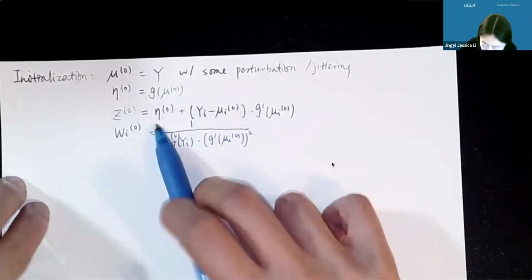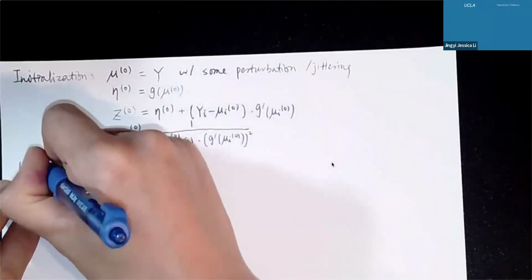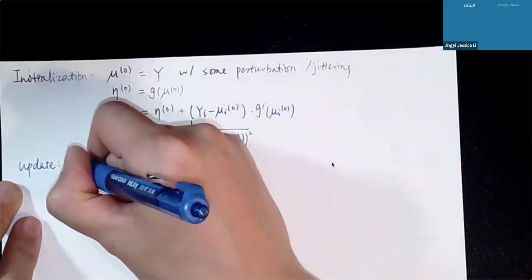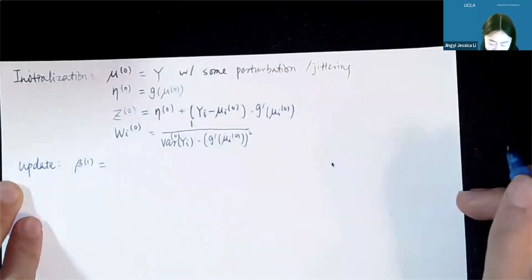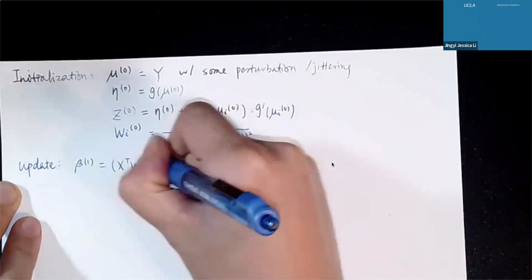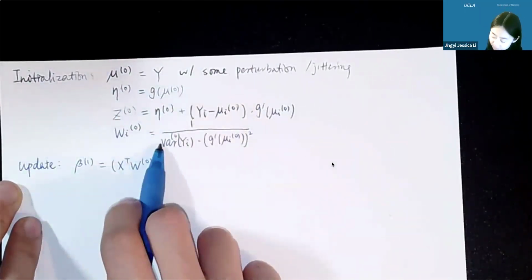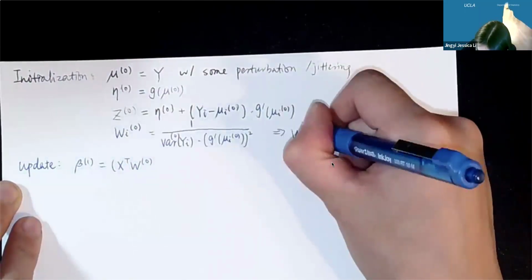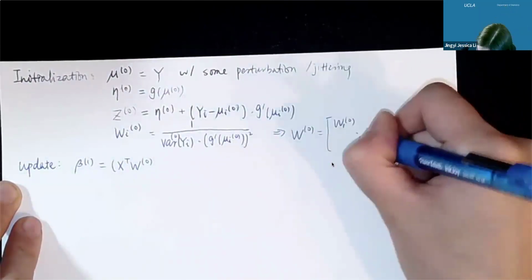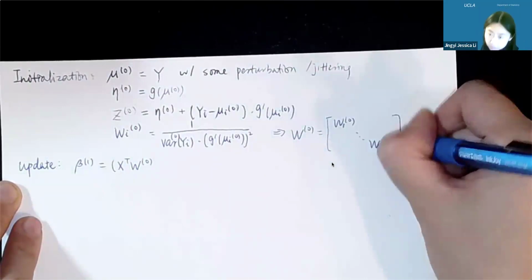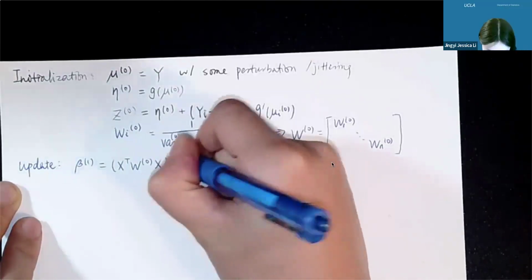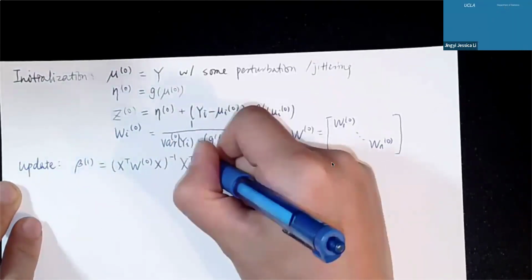Then we update. The first thing we want to update is the beta parameter value, beta 1, by the weighted least squares. It's just X transpose W0 X inverse, X transpose W0 Z0. So we will put those WIs into a matrix, right? So W0 is just W10 to WN0.